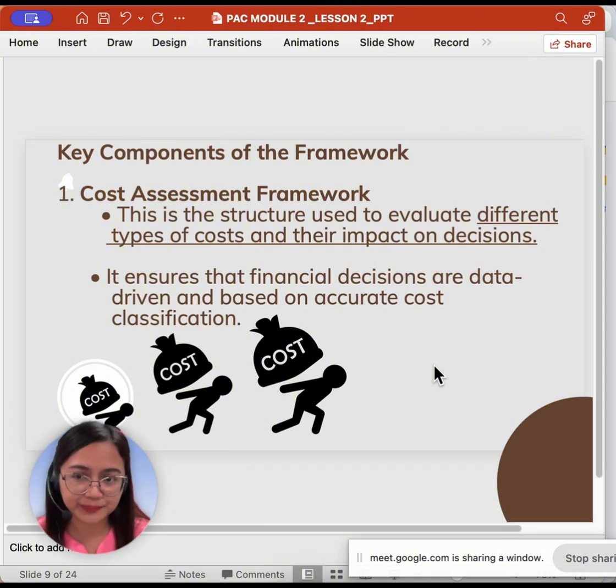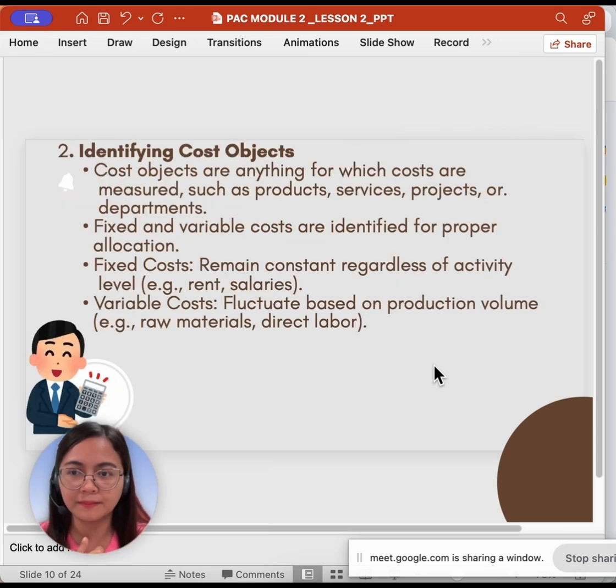Because there are different types of cost, right? As you can remember. And those types of cost will impact your decisions later on. And as I've said earlier, it must be accurate cost classifications. Because once you have those accurate cost classifications, it will affect your decision making.